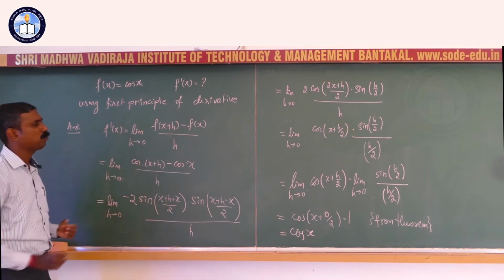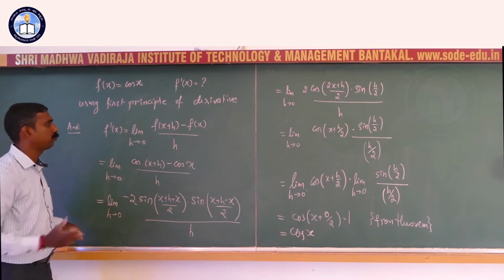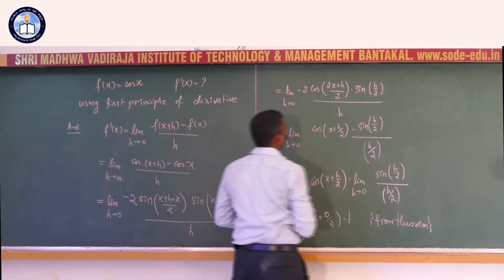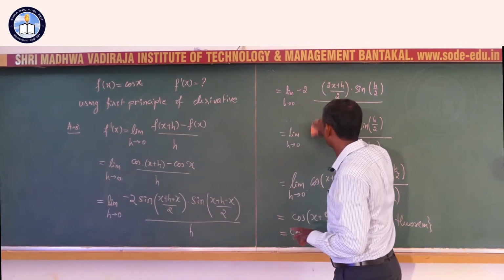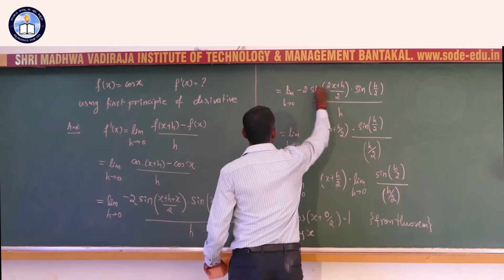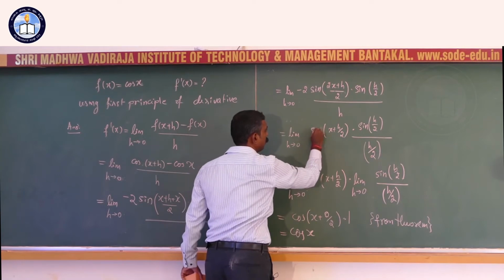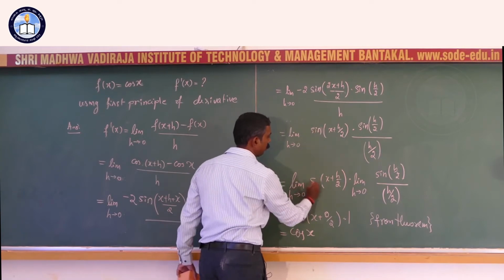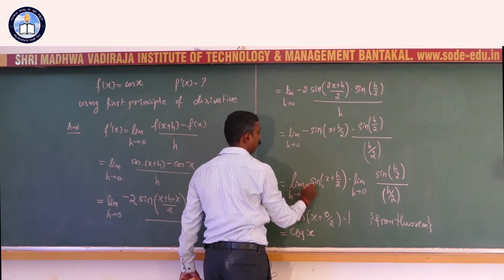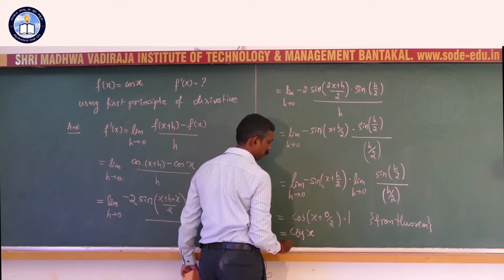This is almost a replica of the previous one, but the difference is you have a minus 2 here, and instead of cos you have sin. The negative sign is maintained.